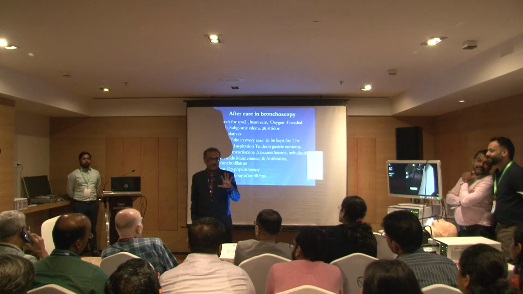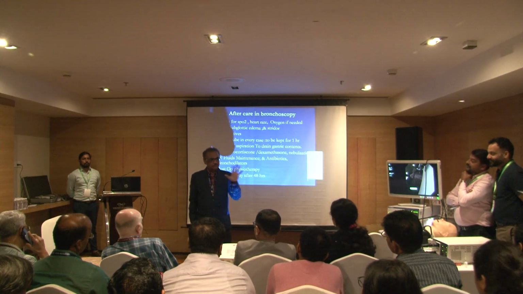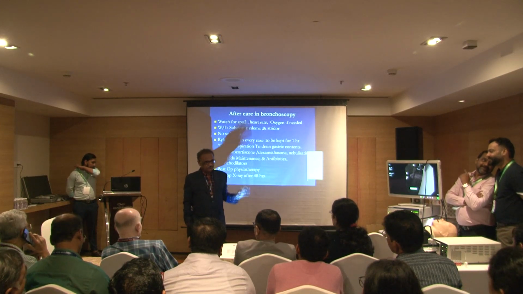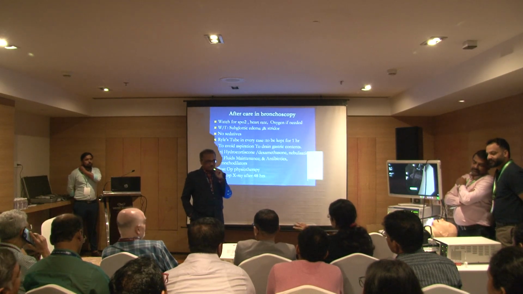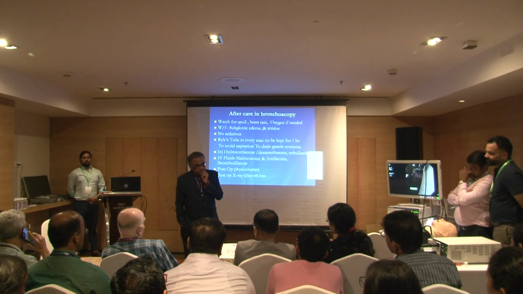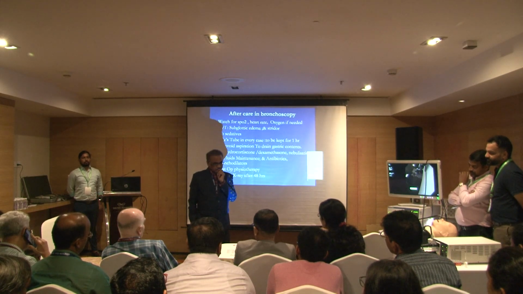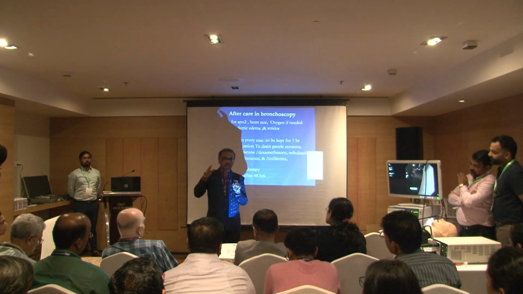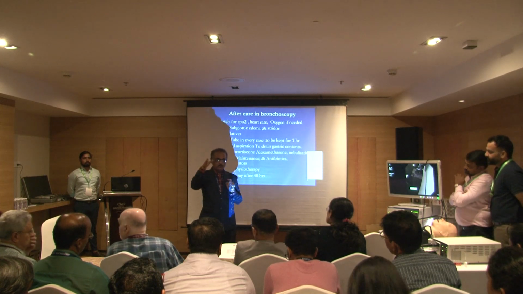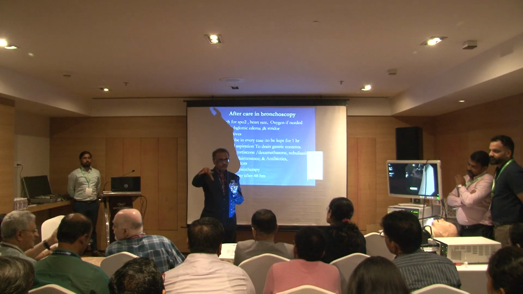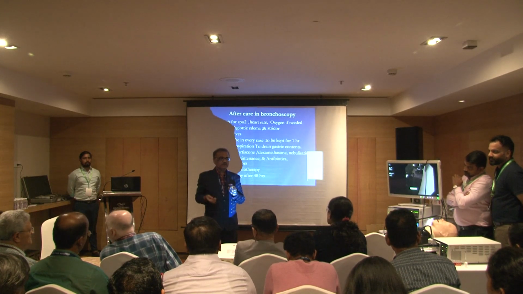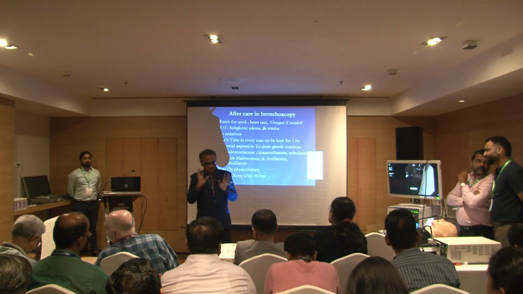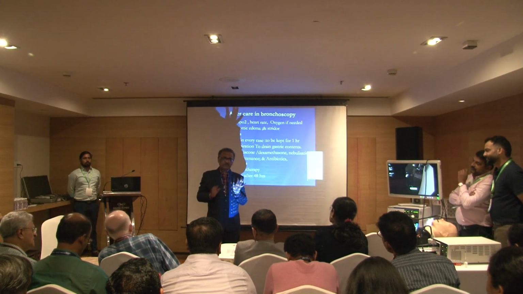If it is not there, no rigid scoping. If flexible scopy shows that there is no foreign body on either side, then you are through. It goes up to the bronchus only, the left and right bronchus, not beyond? No, it can go to the subsegments. For example, right middle you can directly visualize, right lower you can visualize the subsegments. For right upper and left upper you don't have a curved forceps; you have a flexible forceps and it is very difficult.